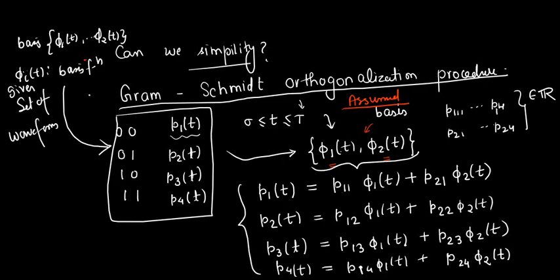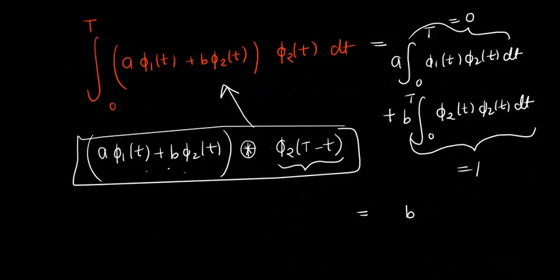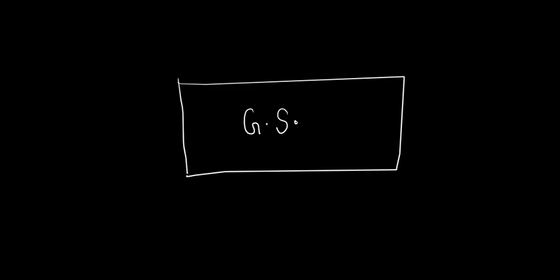So, what does Gram-Schmidt orthogonalization procedure do? Just think of it as an algorithm. If Gram-Schmidt orthogonalization procedure is an algorithm, at the input what do you have to provide?